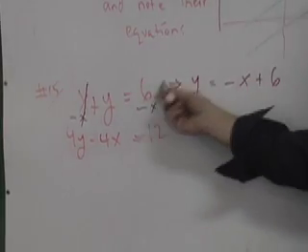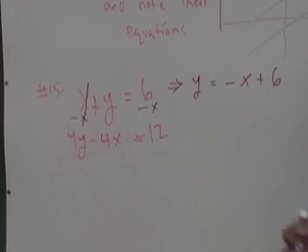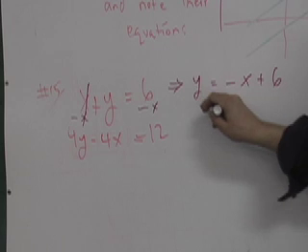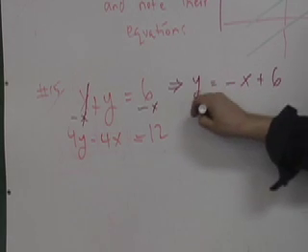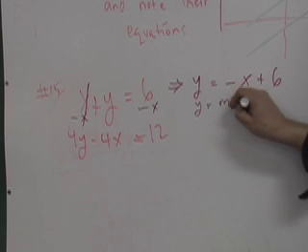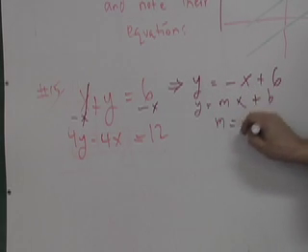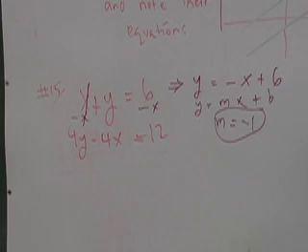It's an invisible plus sign. So what's the slope of this? If I go y equals mx plus b, what's our m? Negative 1. That's the invisible 1 right there, the negative 1.